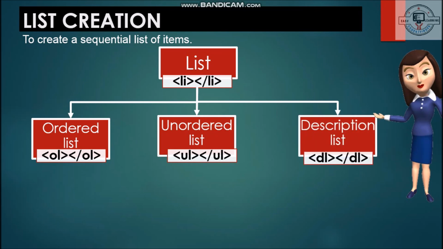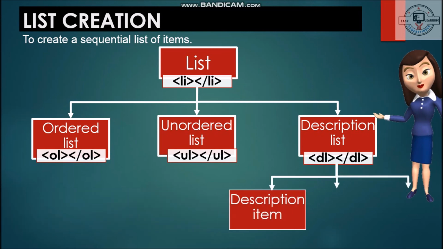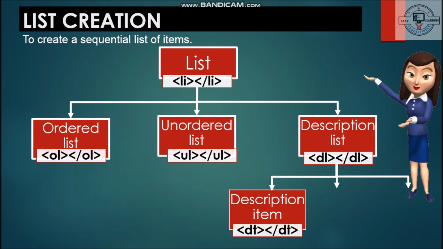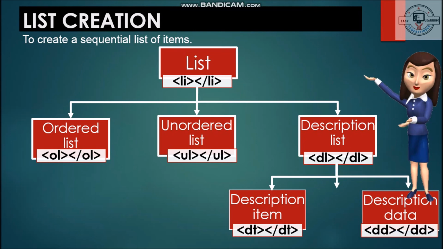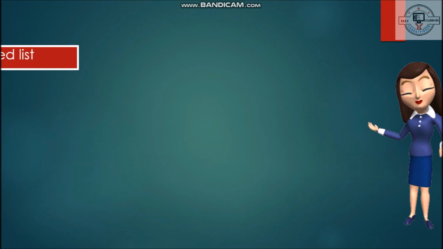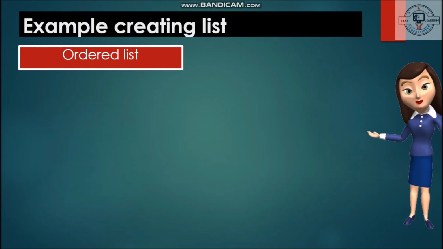Next, description list, dl. Description list again consists of two parts: description term, dt, and description data, dd.